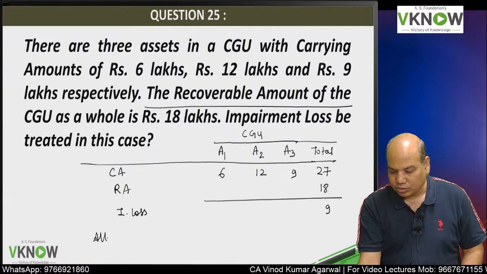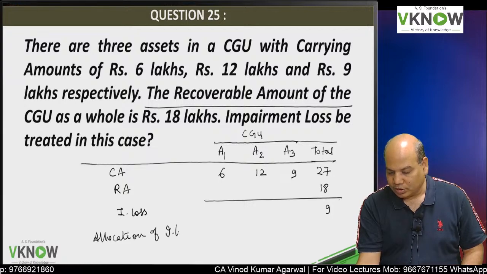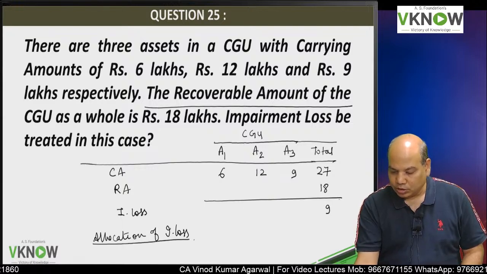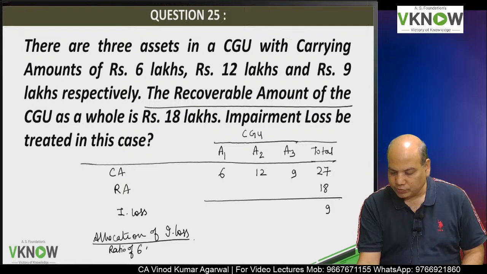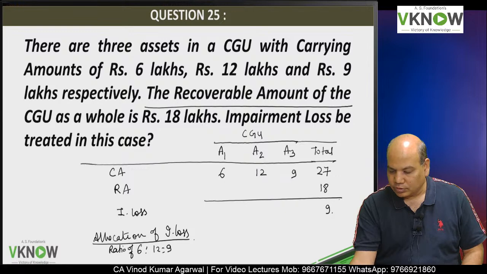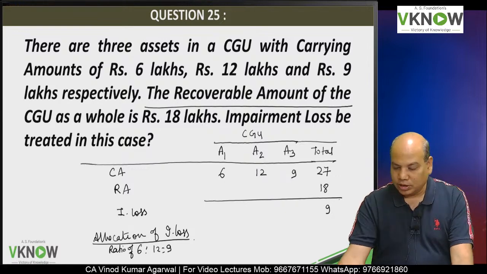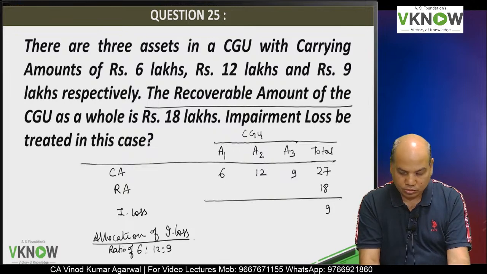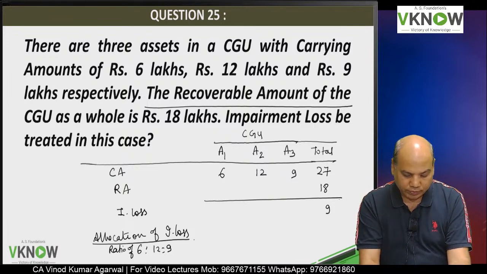Okay. Allocation of impairment loss. You will allocate in the ratio of 6:12:9. So please tell me, if I have to allocate this 9 in the ratio of 6:12:9, what will be the answer?